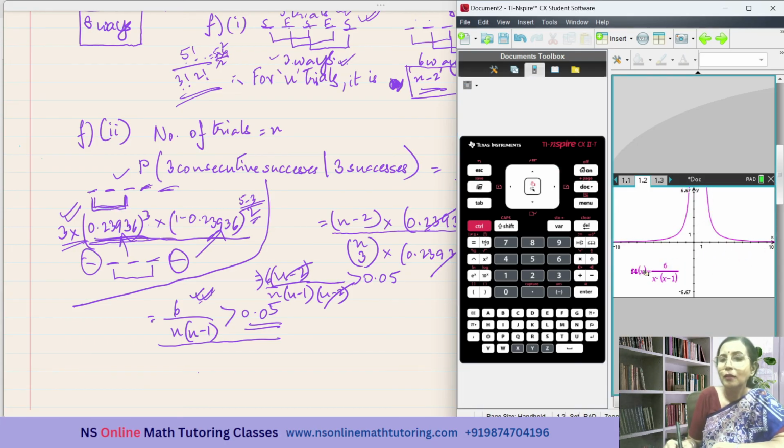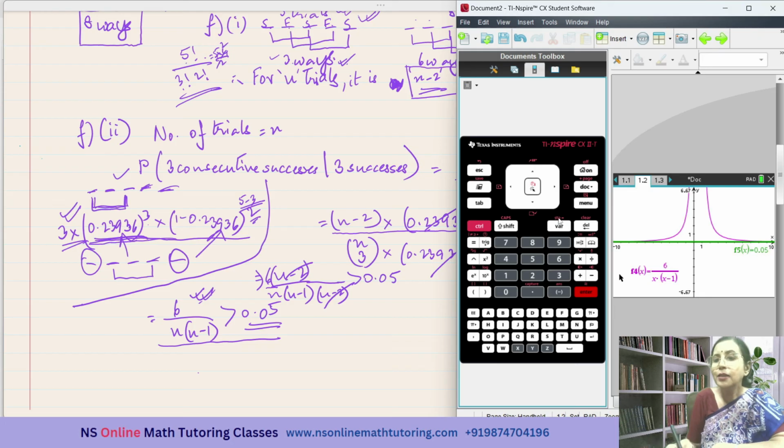Fine. Good looking. And I have to take 0.05. Enter. So I am changing the settings. Definitely I have to change the settings.